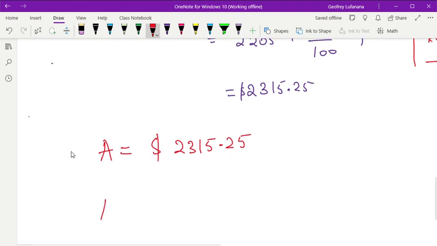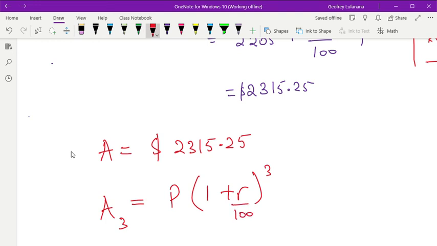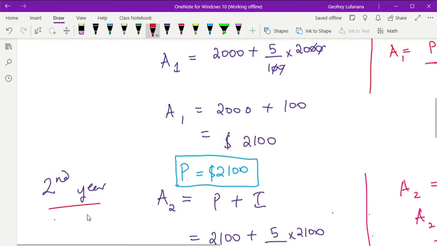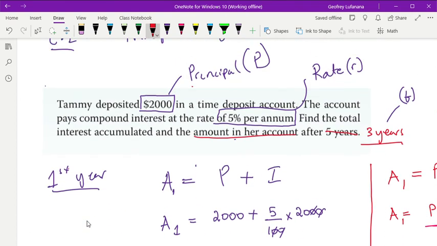So amount 3, I would have calculated straight away, because our formula currently is P into 1 plus R to the power 3. Remember, R is a percentage, so I can write it as R over 100 to the power 3. My original principal was 2,000, my rate 5%.